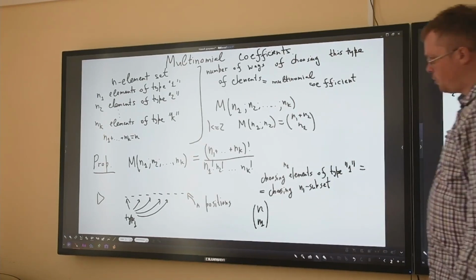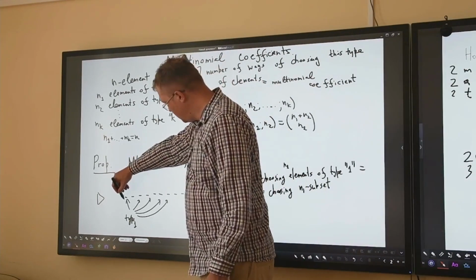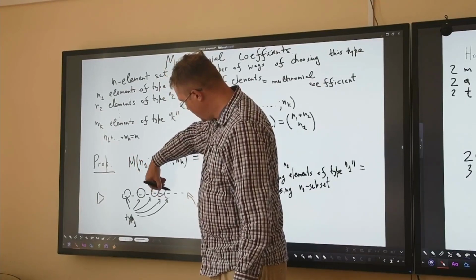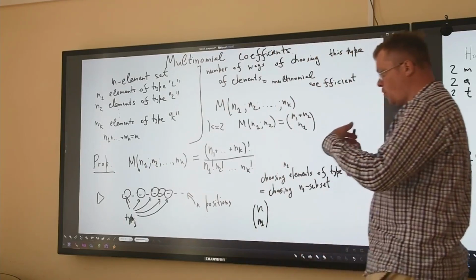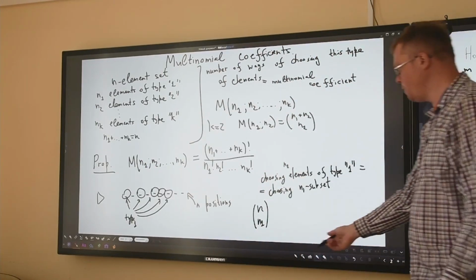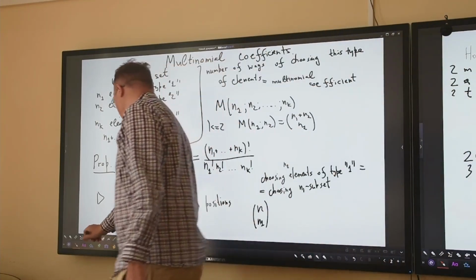And so if I choose the elements of type 1, then I need to choose the elements of type 2 from the elements that are left, so n minus n1 elements.